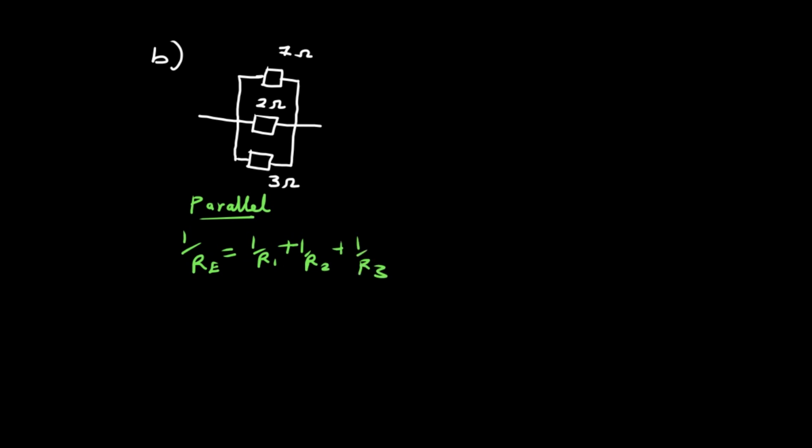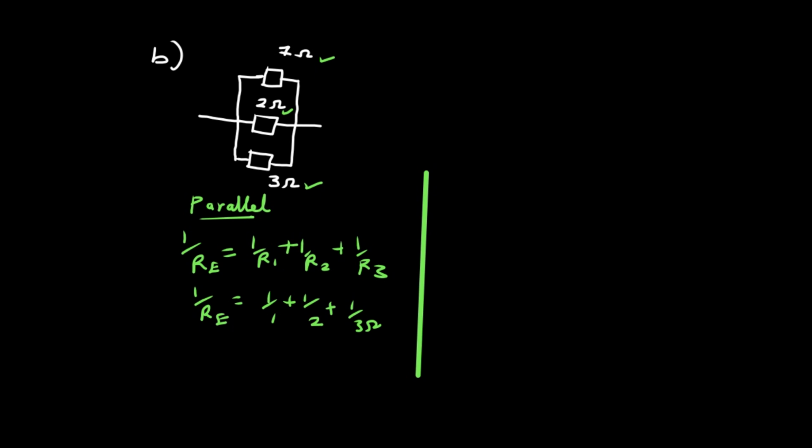So 1 out of R effective equals 1 out of 1 ohm, the first resistor, plus 1 out of 2 ohms, the second resistor, plus 1 out of 3 ohms, the third resistor. We are going to solve this one using LCM.